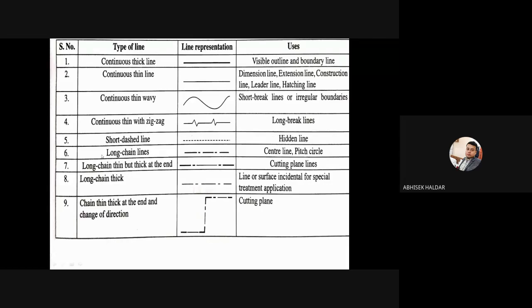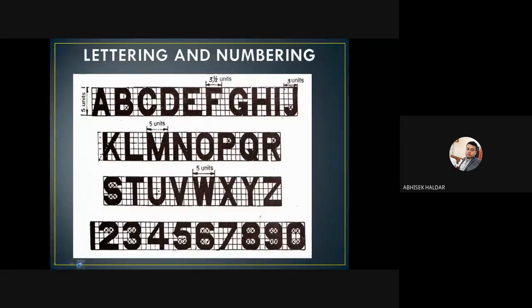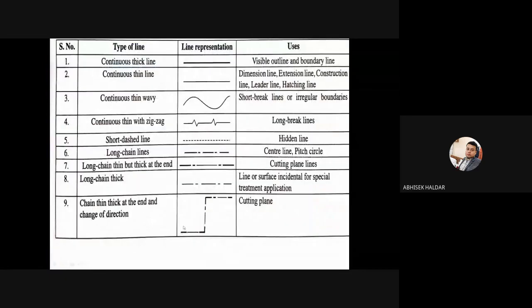Next is your long chain line. Basically this line and this line look the same here, but let us see this sixth one. This long chain line, this name is very popular. This is the center line.